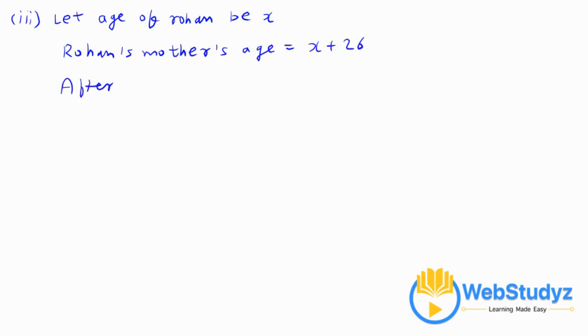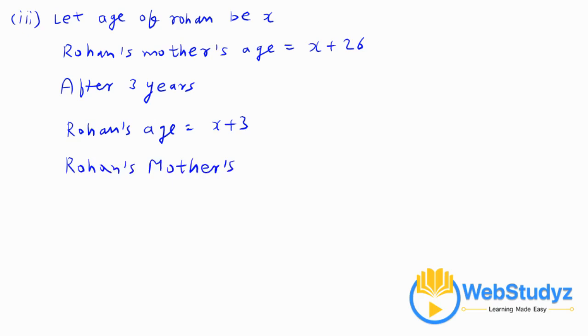After 3 years, Rohan's age will be x plus 3 and Rohan's mother's age will be x plus 26 plus 3, which is x plus 29.